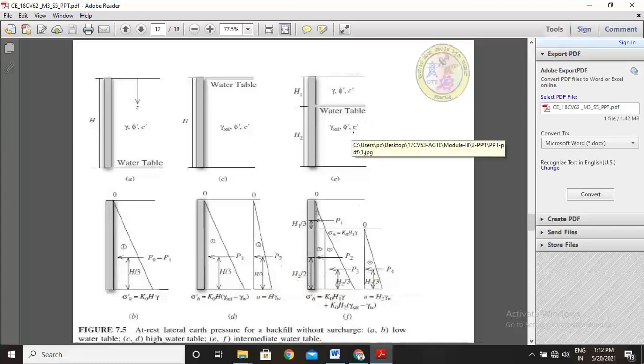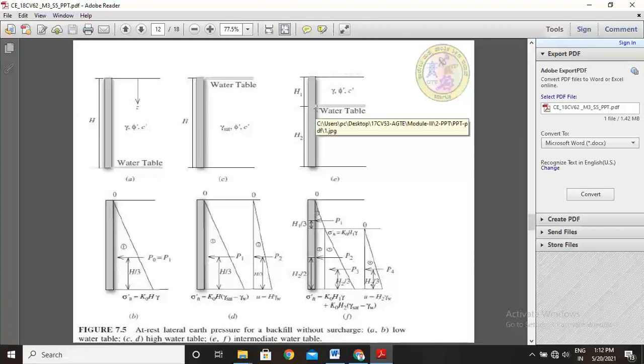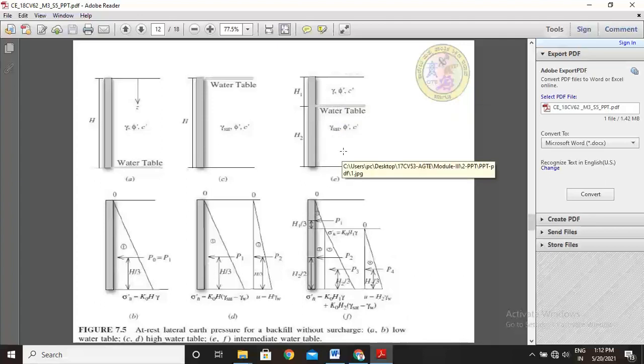Third condition: the retaining wall is this, and this is H2, this is H1. Here the water table is at a certain distance, that is, at a depth of H1. Above the water table is dry condition, below the water table is saturated condition.